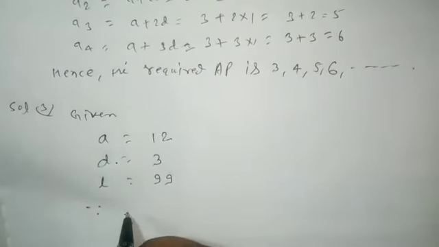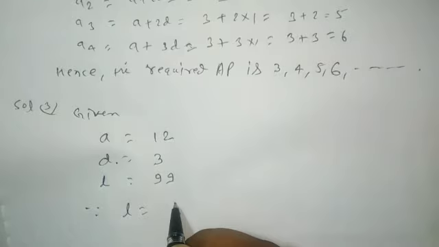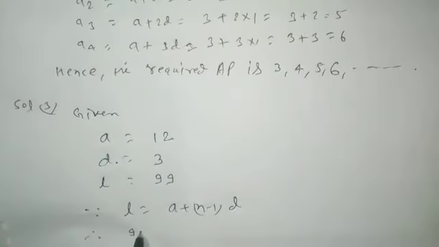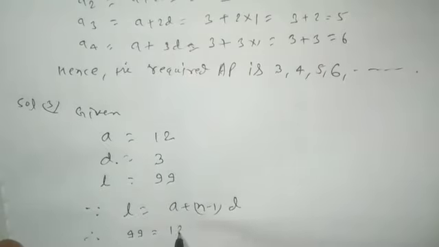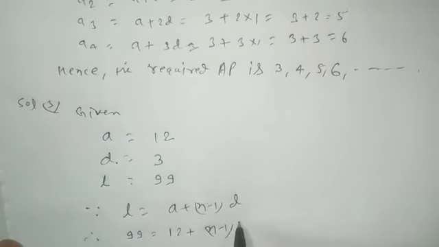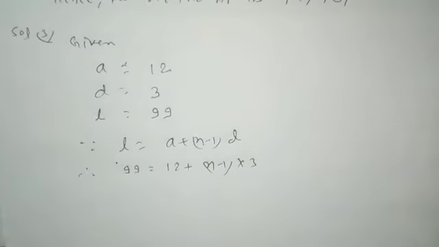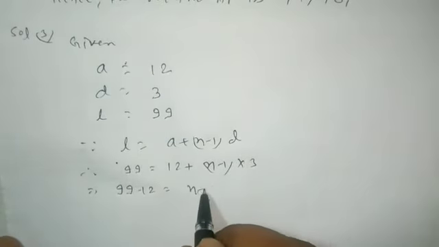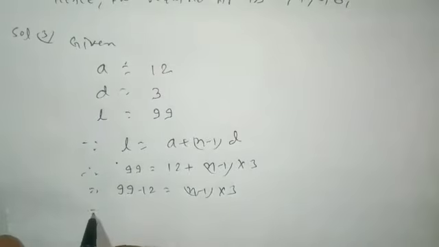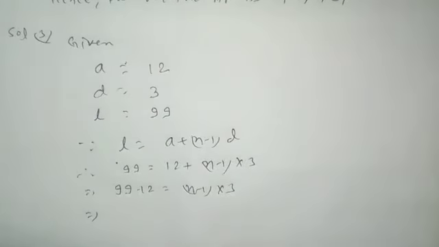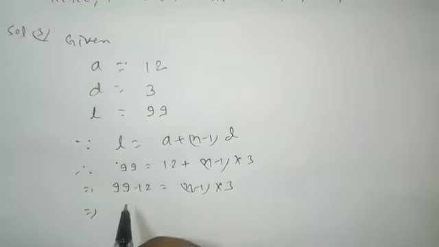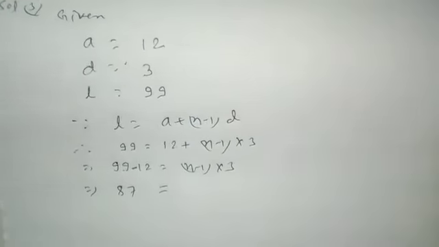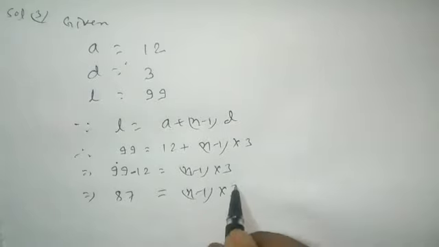Now, because L is equal to A plus n minus 1 into D, therefore 99 is equal to 12 plus n minus 1 into 3. This implies 99 minus 12 is equal to n minus 1 into 3, which implies 87 is equal to n minus 1 into 3.